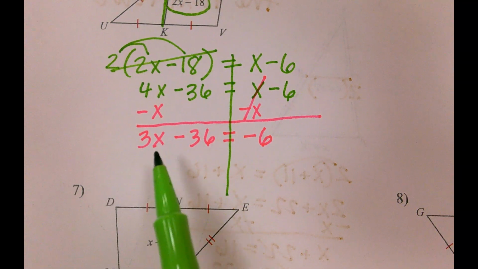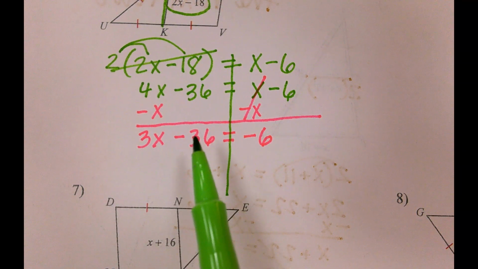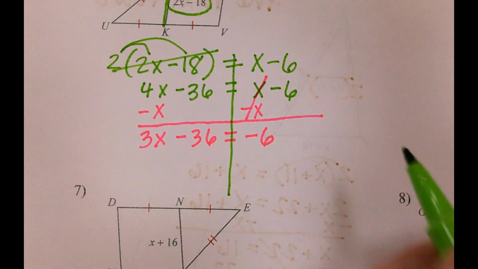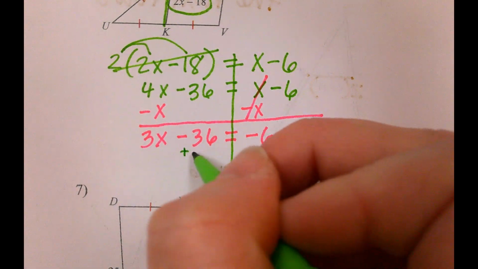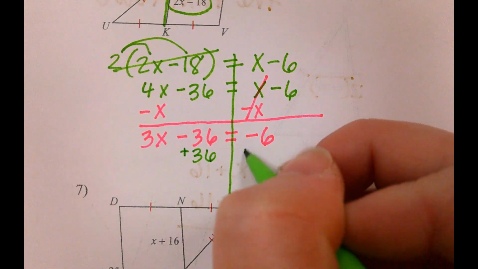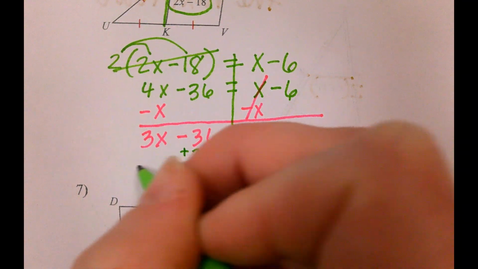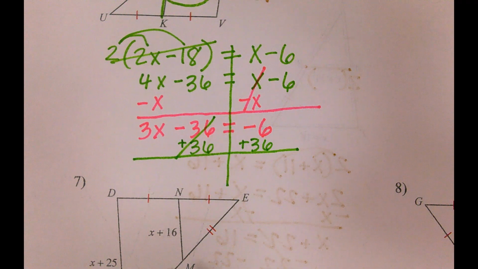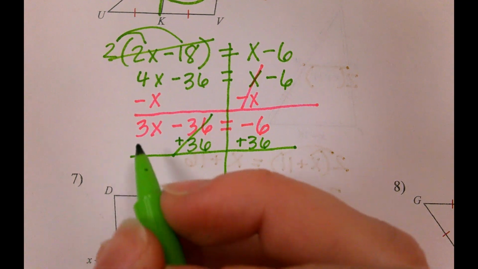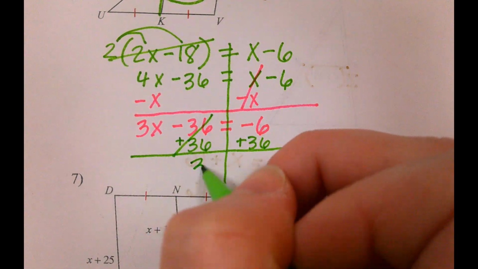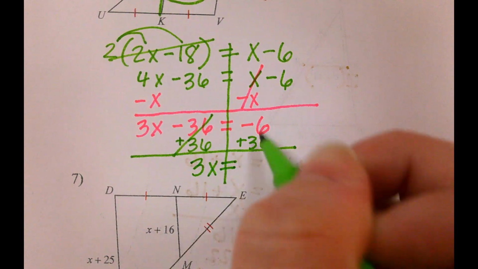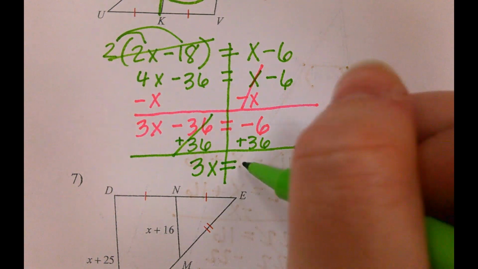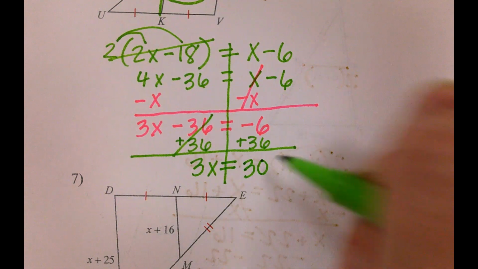I don't need to do anything with that right now. We're going to get rid of anything that's not x. We'll get rid of minus 36 and then plus 36. That cancels. 3x is equal to 30. Good. We bring down 3x is equal to negative 6 plus 36 is, you're correct, positive 30.